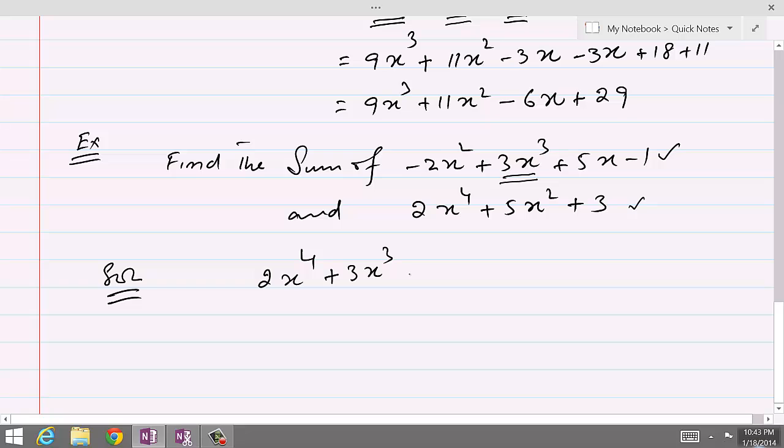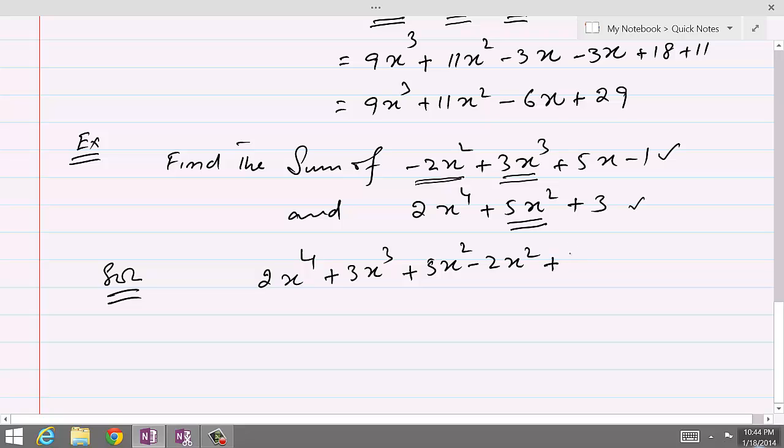And now let's move on to x square. Is there any other term which involves x square other than minus 2x square and 5x square? Both terms involve x square. So let's group them together. Plus 5x square minus 2x square. And is there another term?